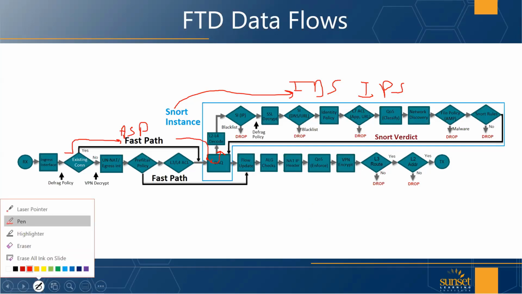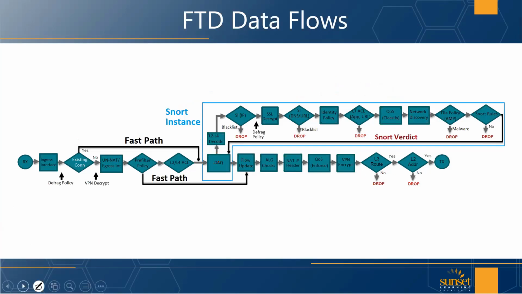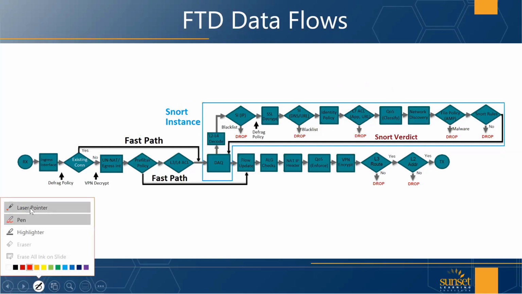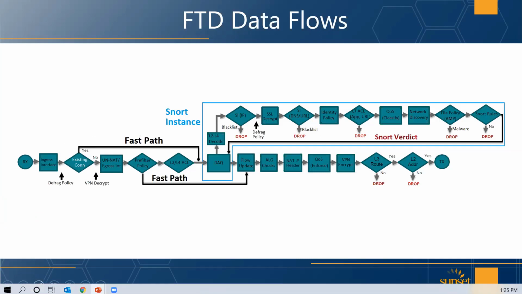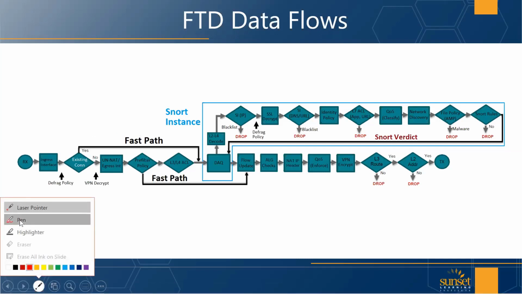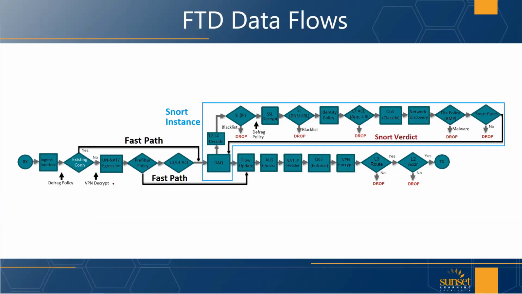Now, if we are fast pathing the traffic, oops, that's the pointer, sorry. So now if we're looking at fast path, what we do is we say it comes in the pre-filter, existing connection, no. Then maybe we want to let traffic from a certain IP address through, we say fast path. What the fast path here does is it actually bypasses SNORT completely. And it goes to the flow updater and out.